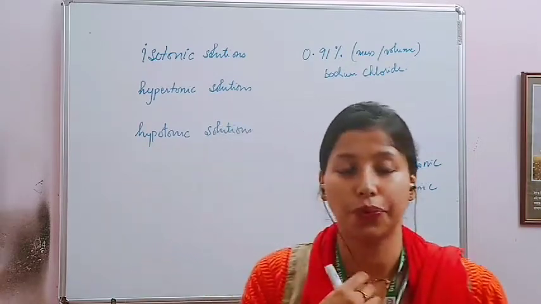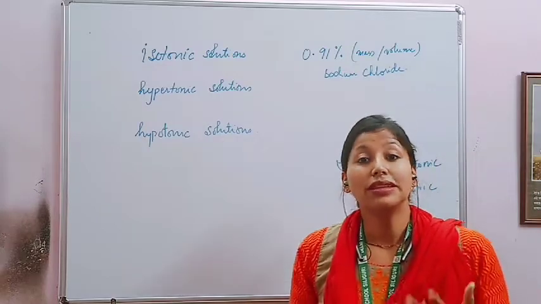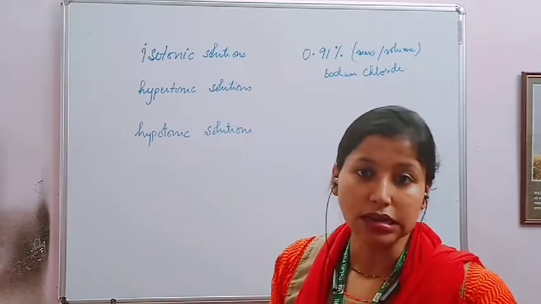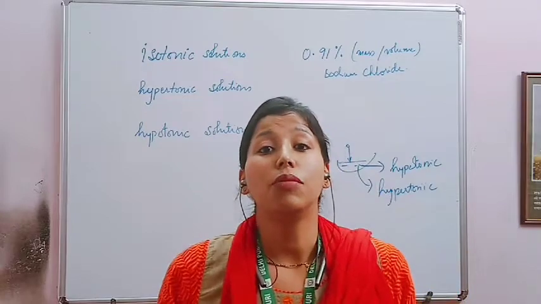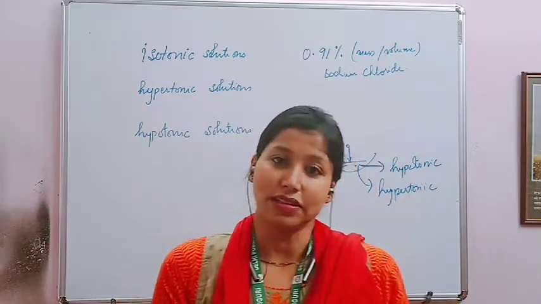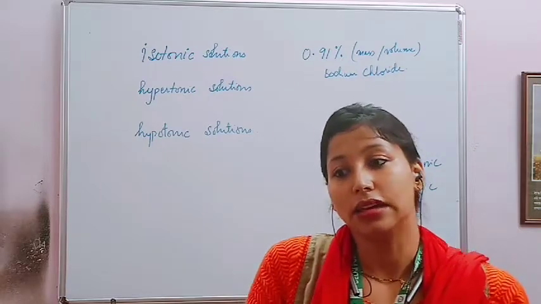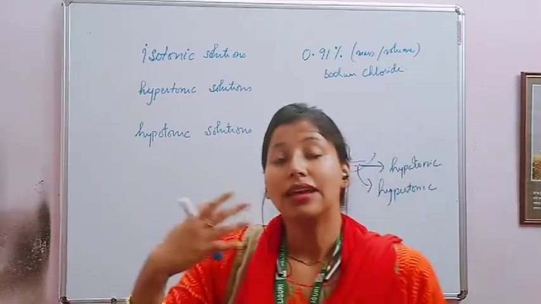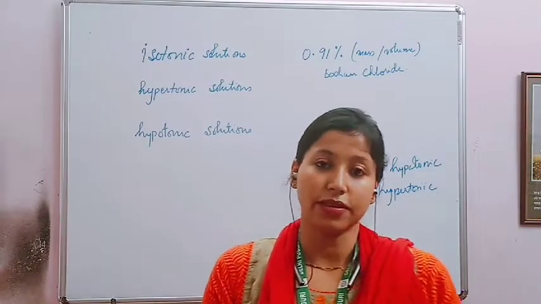Why is that so? That is because when we take too much salt in our diet, we tend to retain more water in our body and the osmotic pressure increases. The more salt you consume, the more the osmotic pressure increases.